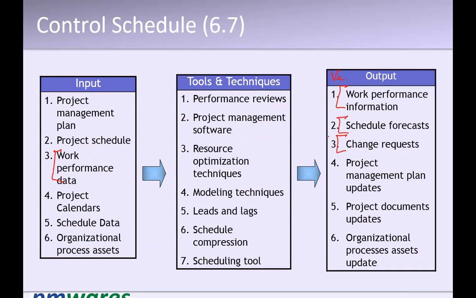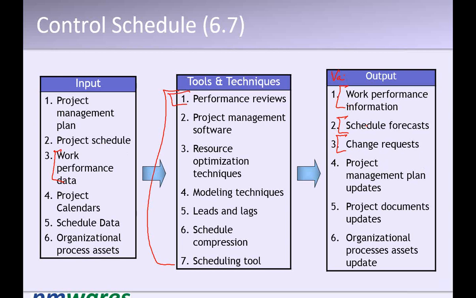We will learn in earned value management in the next chapter how we do the schedule forecast. If you look at the tools, they are all the same except the performance reviews. The performance review means doing plan versus actual, providing this information, identifying the variance, making a change request in the schedule for addressing the variance, and also making the schedule forecast.